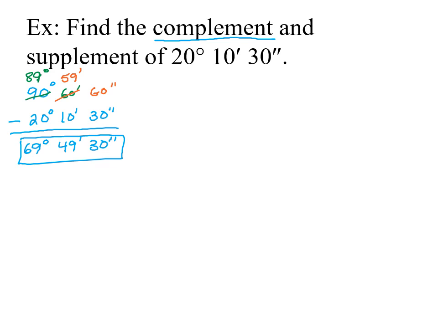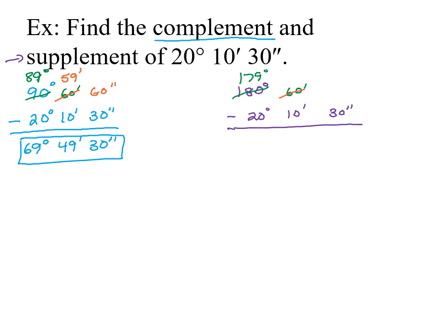Or if you do the supplement one, I would do the same process, 180 minus the 20 degrees, the 10 minutes, and the 30 seconds. And I have to do the exact same borrowing, and you'll notice that the minutes and seconds will actually come out to be the same. The 180 would turn to 179, so that I could put the 60 minutes here.